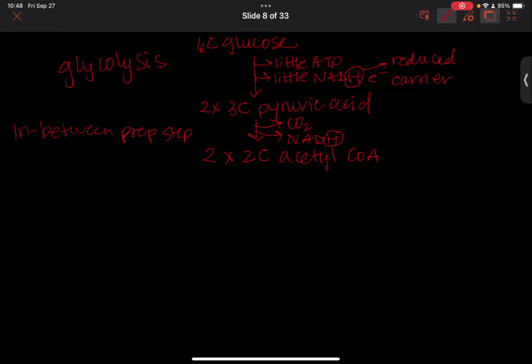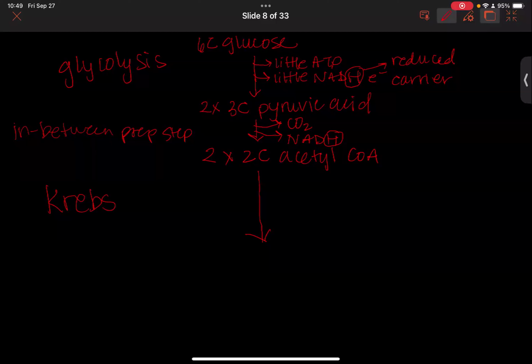So now we've got our acetyl-CoA, or if we're looking at the 2 pyruvic acids, 2 acetyl-CoAs. And then this is going to go through the Krebs cycle. All right, so acetyl-CoA comes in and binds with oxaloacetic acid. No, it's oxaloacetate, I remember.